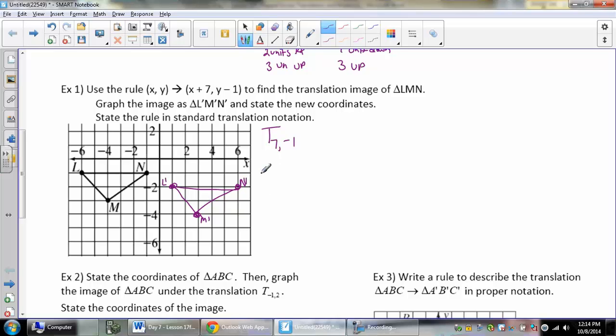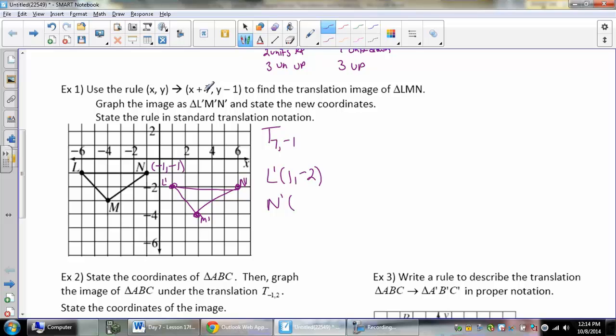Now, to get my coordinates, I can actually do one of two things. I can either grab the coordinates right from the image and say, well, L prime is at (1, −2). Or I can also get those coordinates using the rule. This says take x increased by 7, y goes down by 1. So this point is currently the point (−1, −1).